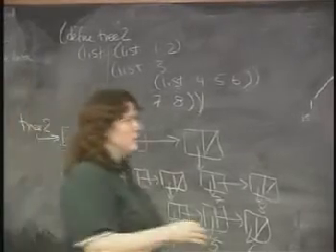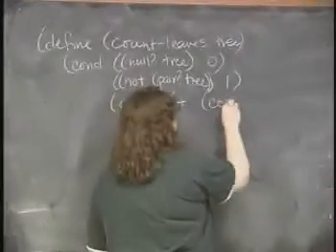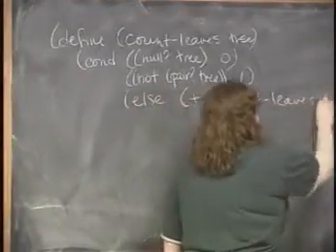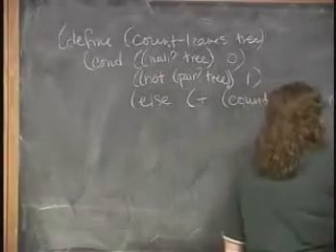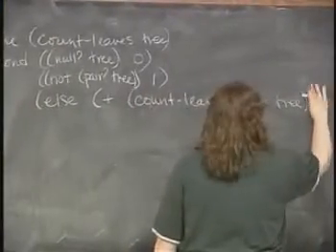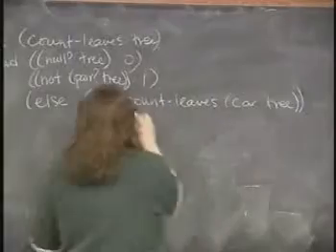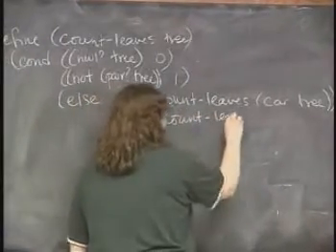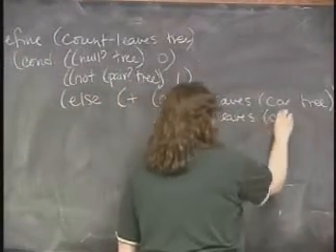So we need to call it both on the car and the cdr. So we'll count leaves on the car of the tree, 1, 2, and then count the leaves on the cdr.